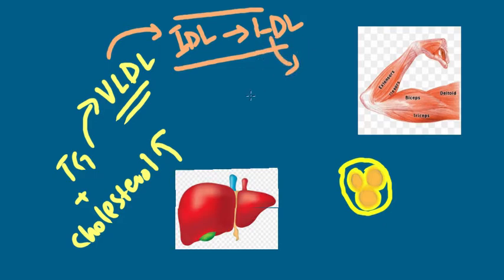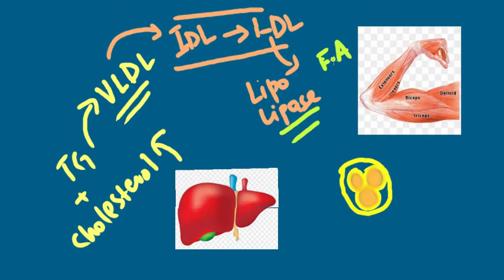Again, the enzyme lipoprotein lipase, which is basically provided by the capillaries, ठीक है, to give energy in a form of fatty acids to your muscles, ठीक है, and storage in the form of the adipose tissue. These both are your peripheral tissues.